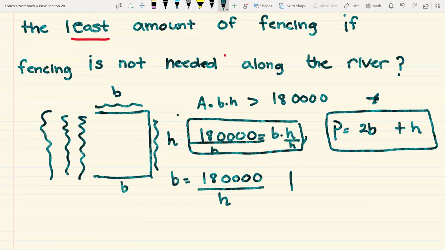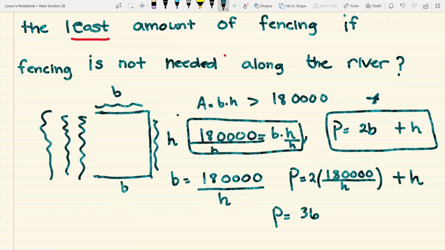So that would be p equals 2 times b, which is 180,000 over h, plus h. So 2 times 180,000 would be 360,000 over h plus h.